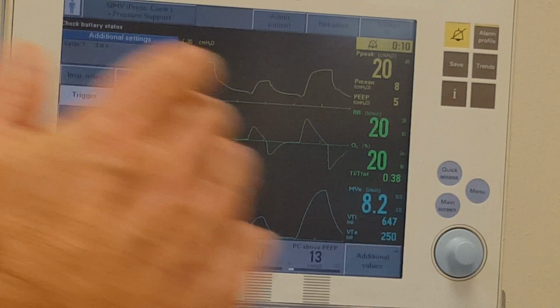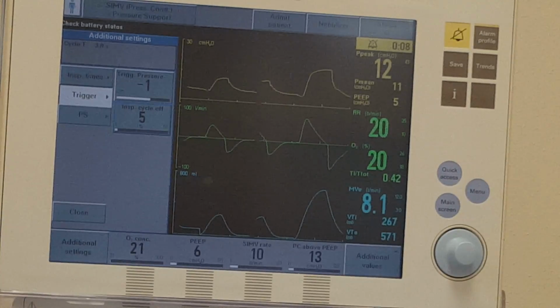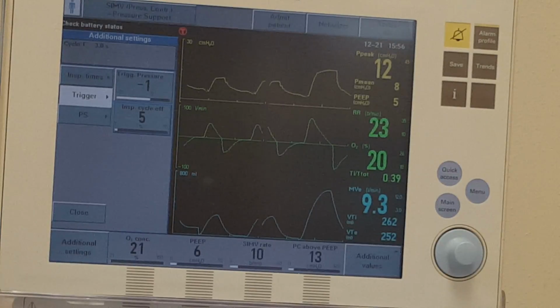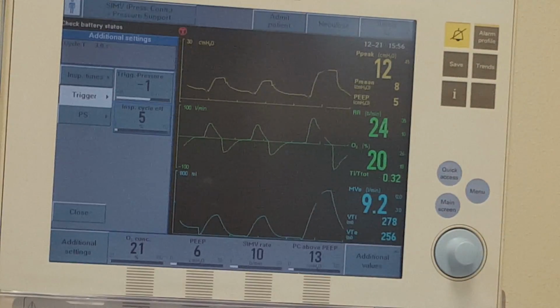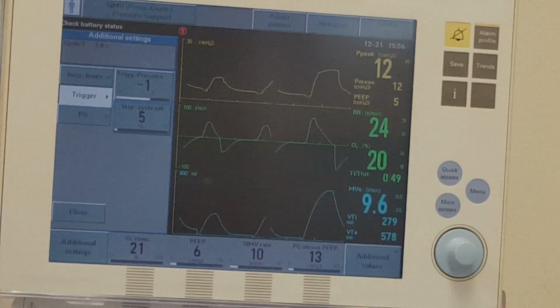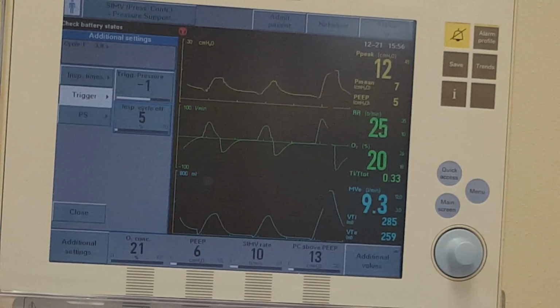We are extending our cycle. We're not cycling off quite so soon. So we expect our spontaneous breaths to be a little bigger. And you can see now they're running about 280.